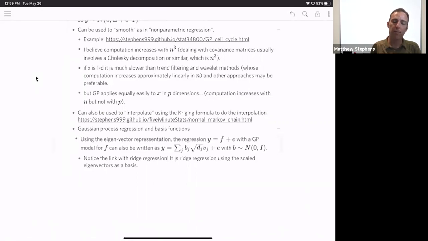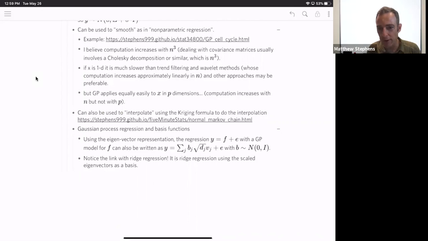So I've written them as b here, instead of z, just to emphasize that interpretation as regression coefficients. So you can think of this as a ridge regression prior, with the covariates now being the eigenvectors of the covariance matrix that you get from the GP.